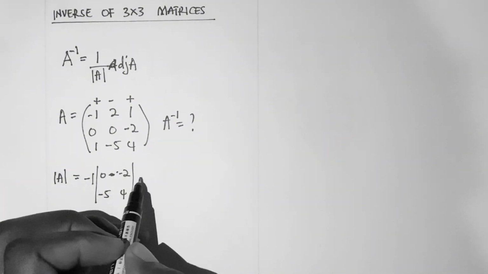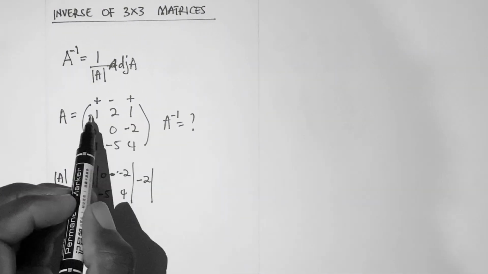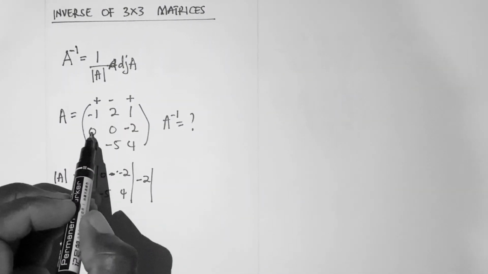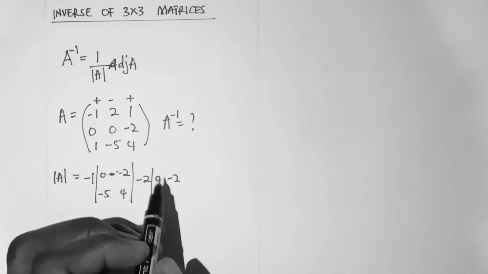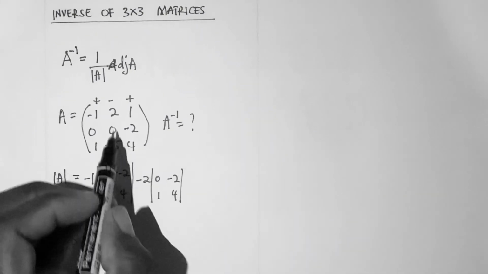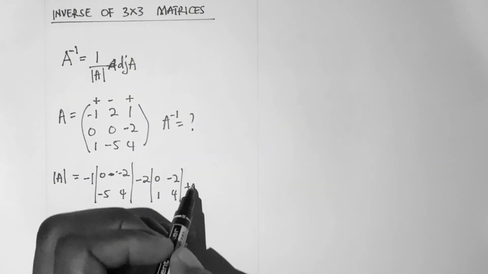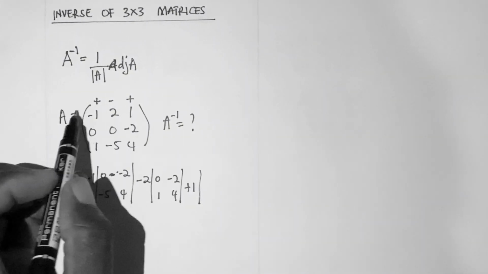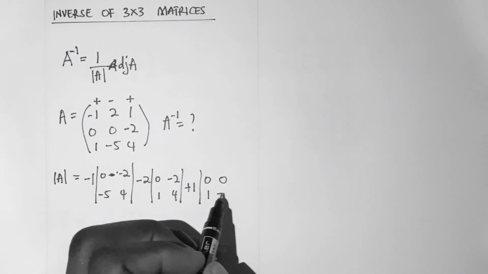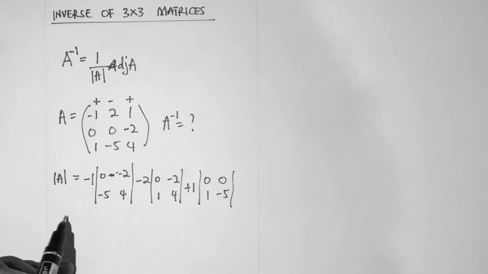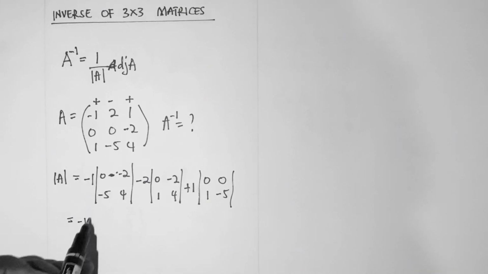And the next one is minus 2. Now the row and column of 2, so we'll be left with 0, minus 2, and then 1 and 4. Then the last one is plus 1. Rule out the row and column of 1. So we'll be left with 0, 0, 1, minus 5.